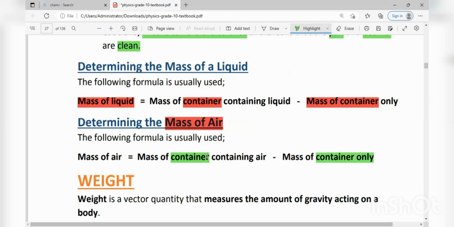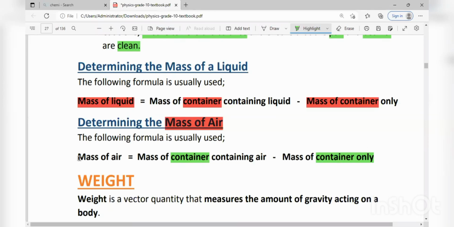So after measuring, first you need to know the mass of the container before the air is put in there. After knowing that, you put the air in, and then you measure. You measure for everything, that's the container plus the air.